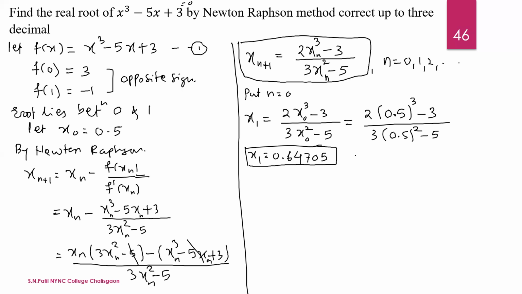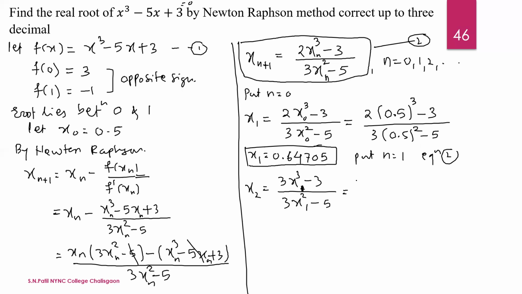Okay, now put n is equal to 1 in equation number 2. That is x2 is equal to 2x cube suffix 1 minus 3 divided by 3x square suffix 1 minus 5.